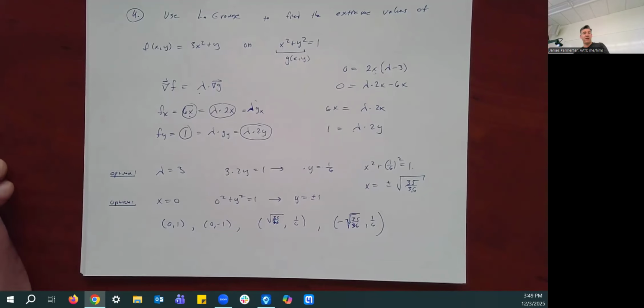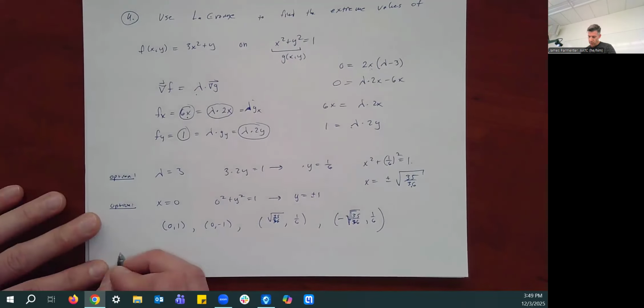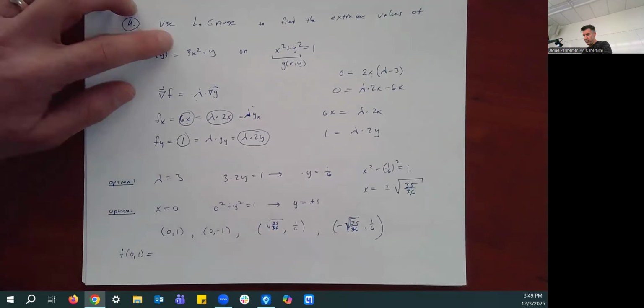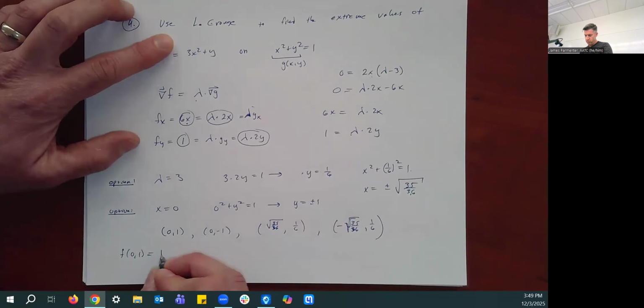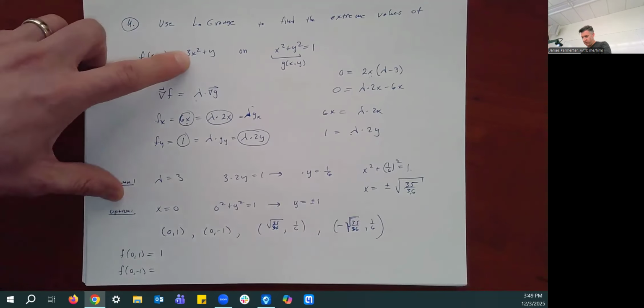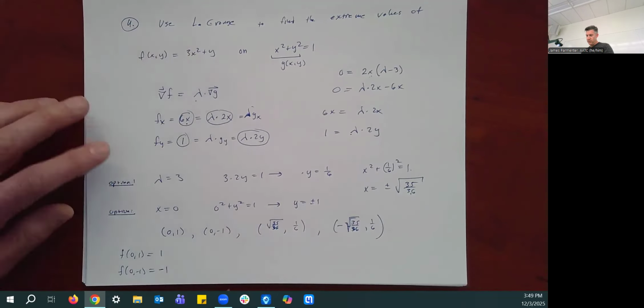And then to figure out which ones are the extremes, you actually have to plug them into the original function. So f of (0, 1) is going to be 3 times 0 squared plus 1. f of (0, -1) is going to be 3 times 0 squared minus 1. Those are the easy ones.